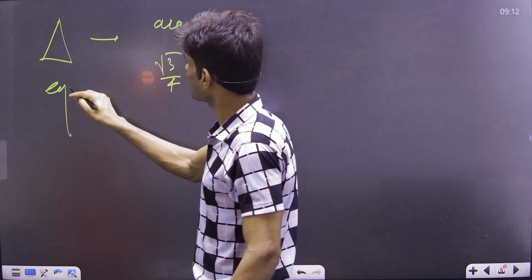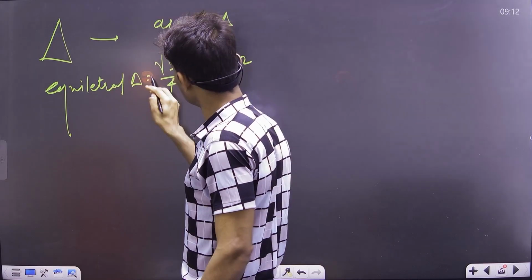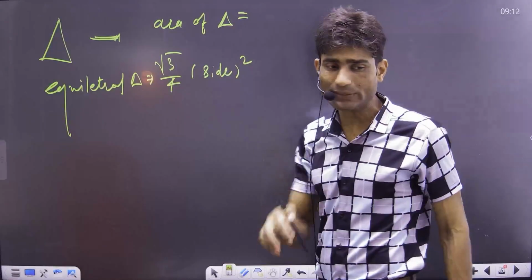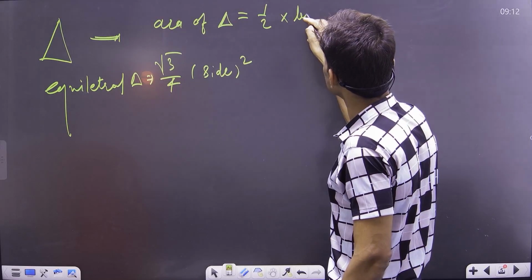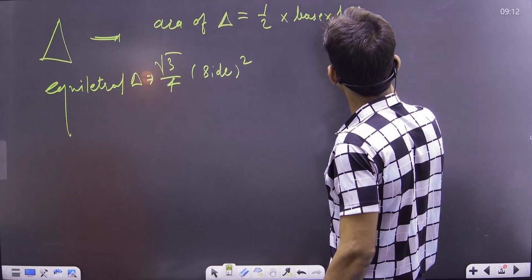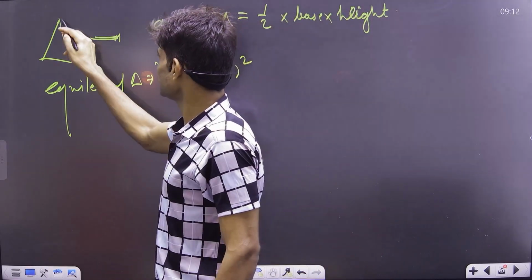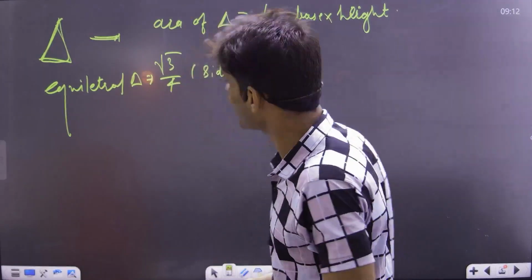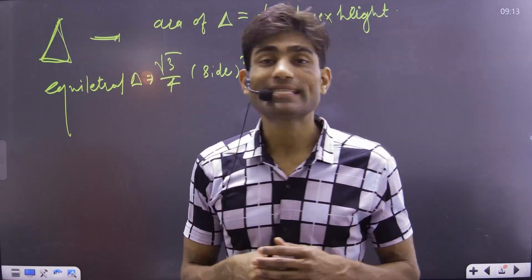For a regular triangle, we consider the area as 1/2 into base into height, and for an equilateral triangle, √3 by 4 into side square, okay.